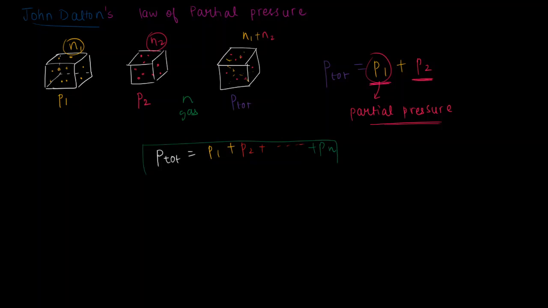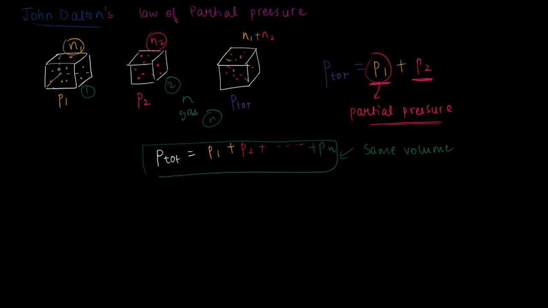Notice that all of these gases are in the same volume. Whatever you take for gas 1, you have to take for gas 2, and so on till gas n. And that mixture has also to be confined in that same volume.